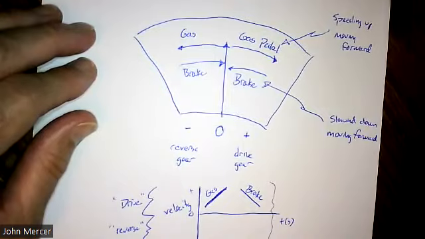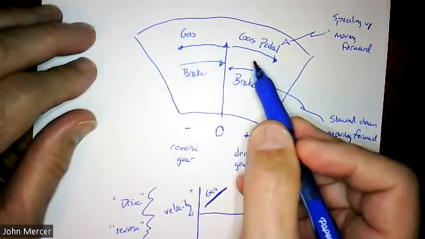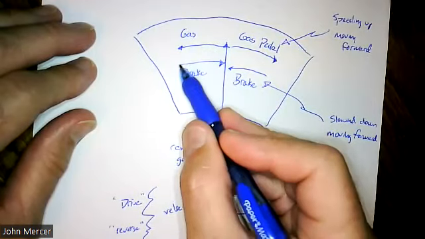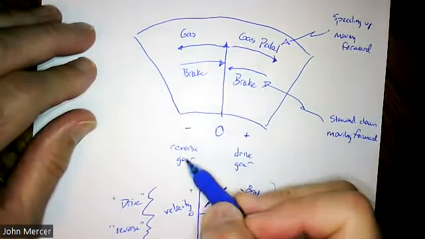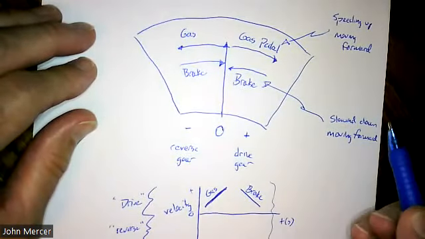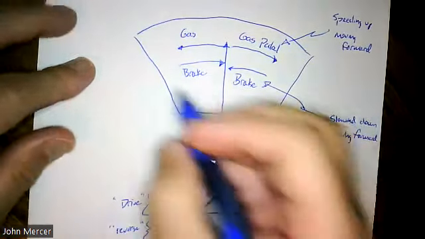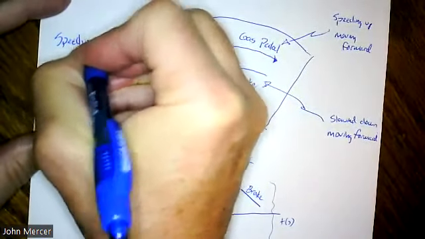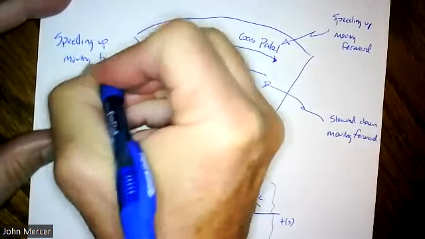Well, velocity's changing again, which means there's acceleration here, and there's acceleration here. I'm speeding up, moving in the reverse direction. I'm slowing down while moving in the reverse direction. So let's write that down over here. I'm speeding up, moving backwards.